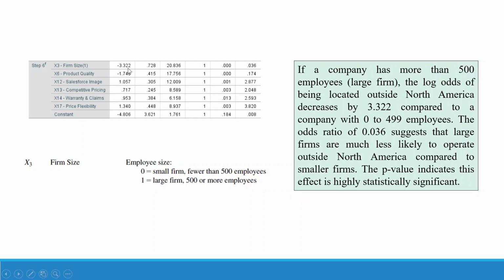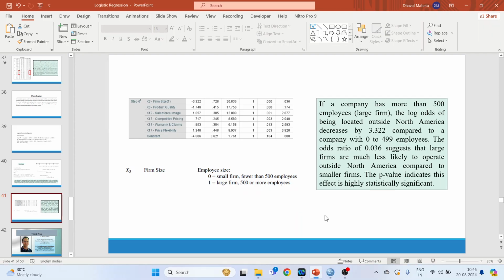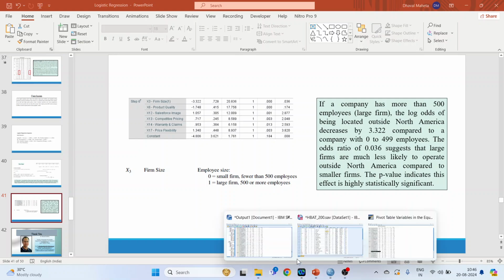Now let's write the interpretation. So here it is, okay, minus 3.322. Anyway, we'll write the interpretation according to this only. So if a company, just a minute, let me check in the output.